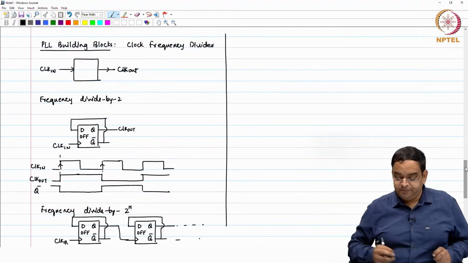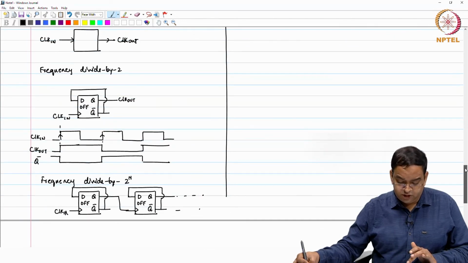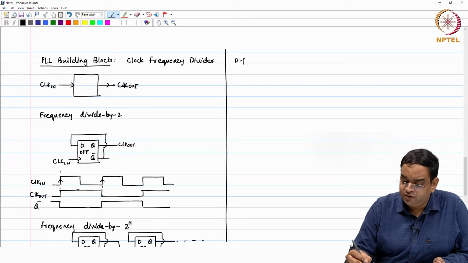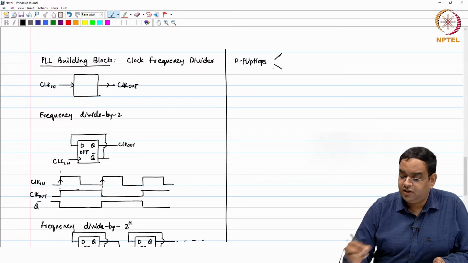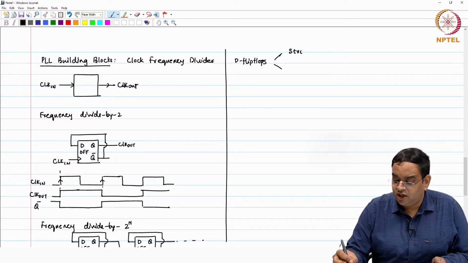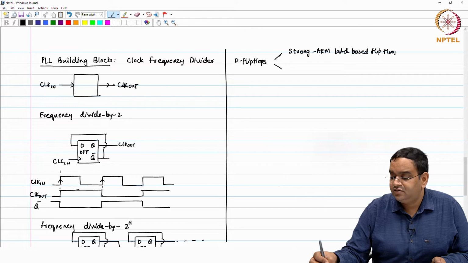Now, these D flip flops which you are going to use for this particular division, there are two kinds of flip flops which are commonly used. One is a strong arm latch based flip flop, and the other is a TSPC based flip flop.